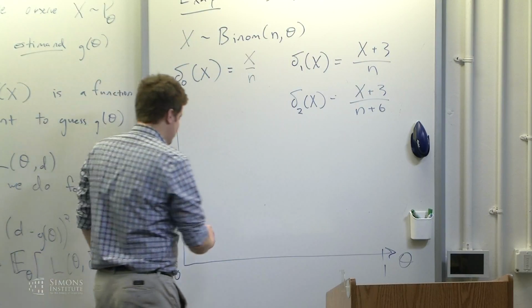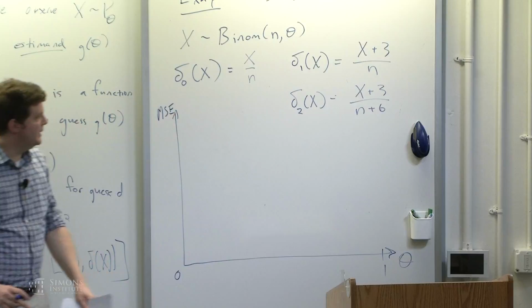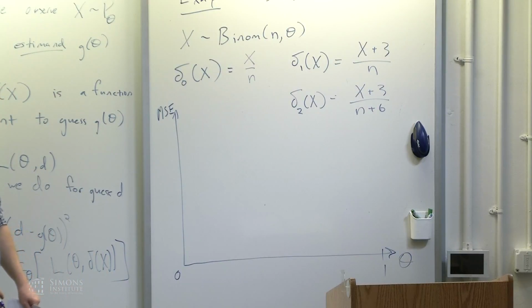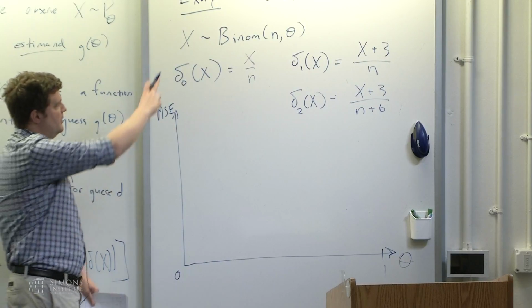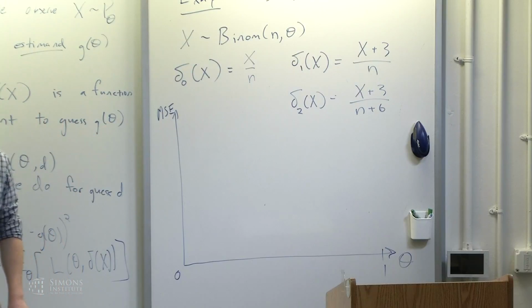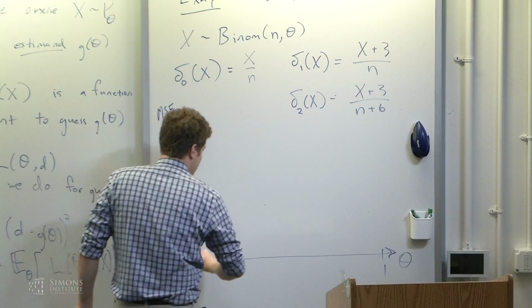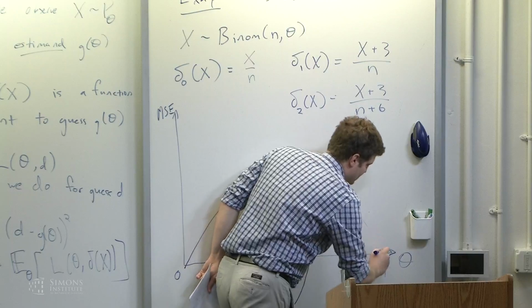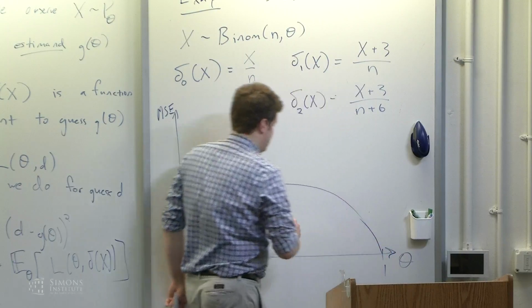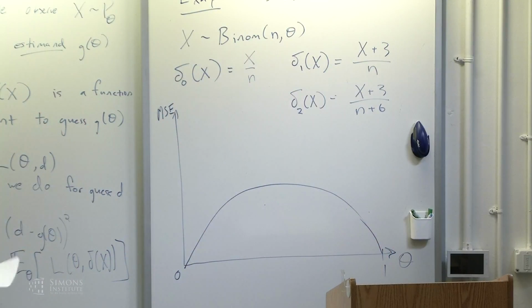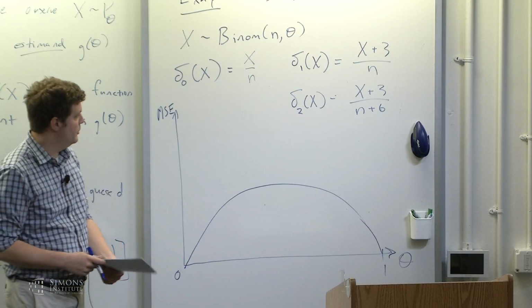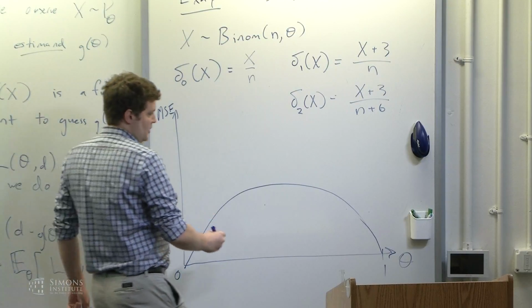The variance is 1 over n times theta times (1 minus theta). So we can just plot that, a parabola. And we always get it exactly right if theta is 0 or 1. So this is for delta 0.